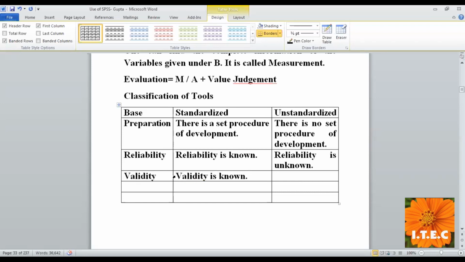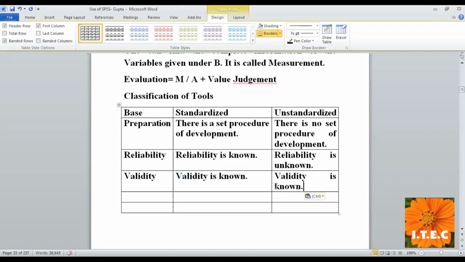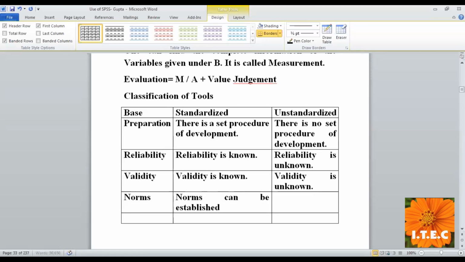And validity is unknown. Norms. Norms can be established. Norms cannot be established.